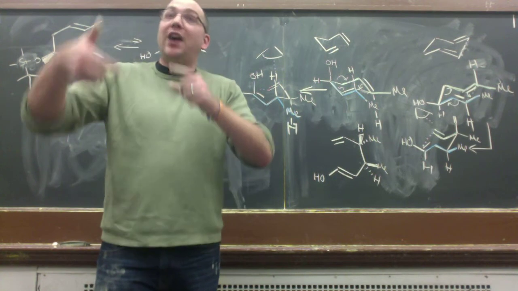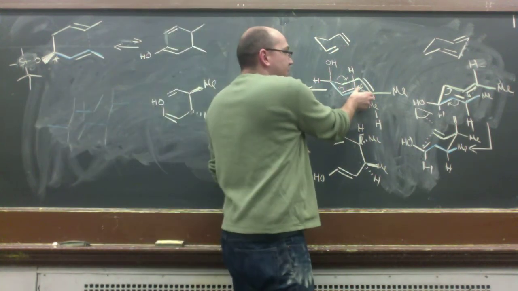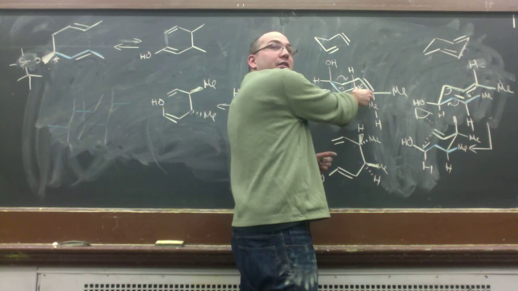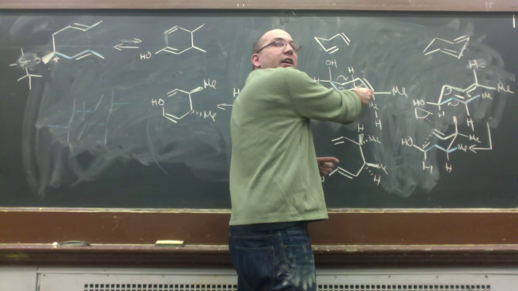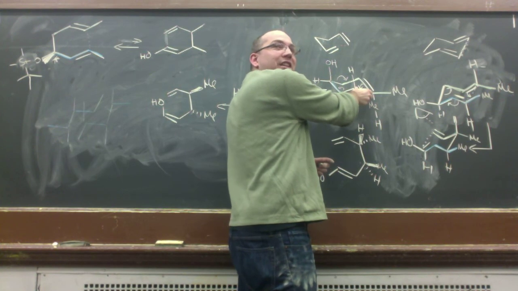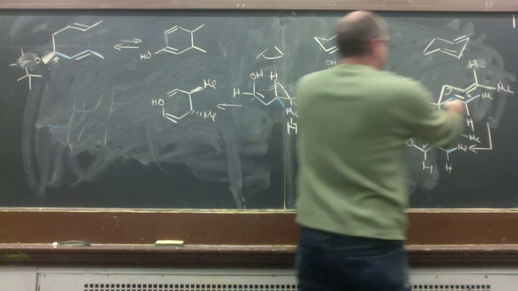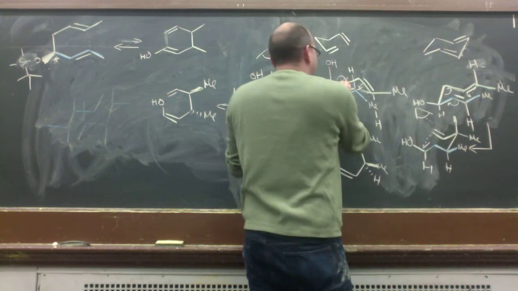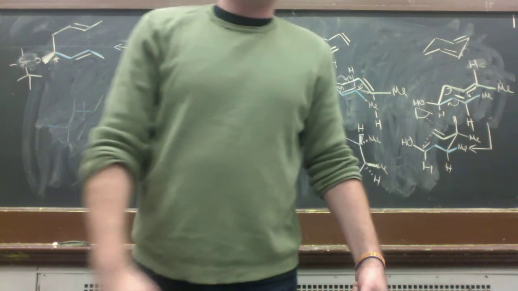But yes, there's an alkene there. This bond here is not locked like it is in a normal chair. So you're going to rotate around this bond and around that bond, which you could not do in a regular chair. Got it?